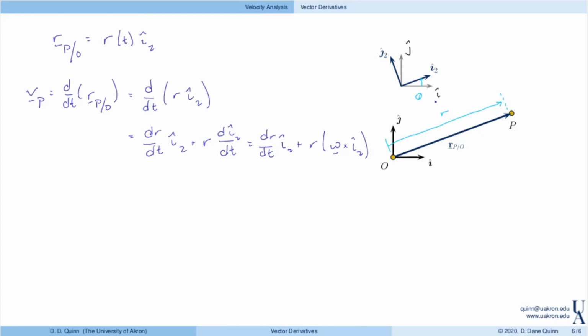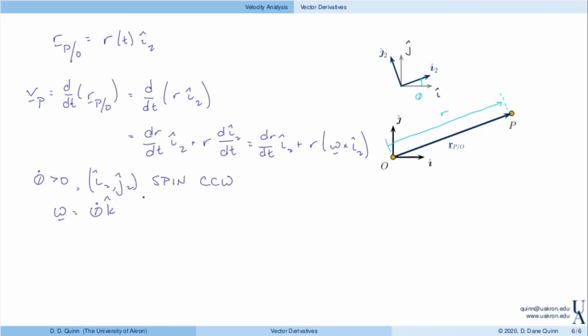And because we've defined theta as positive counterclockwise, then as theta dot increases, I2 and J2 spin counterclockwise. So the angular velocity here is theta dot in the k direction.